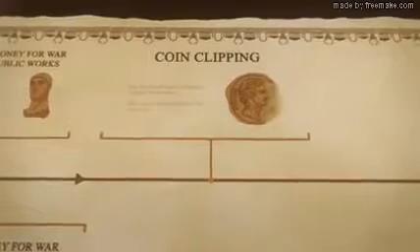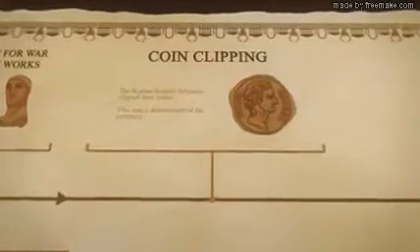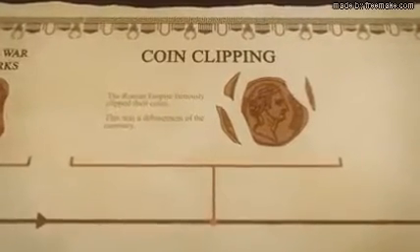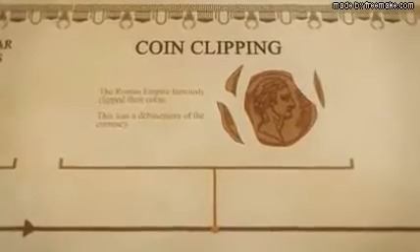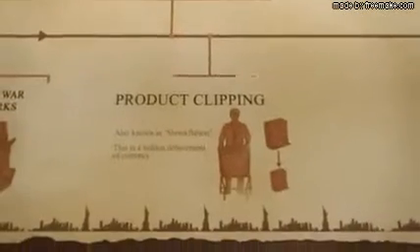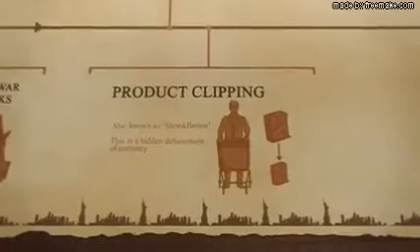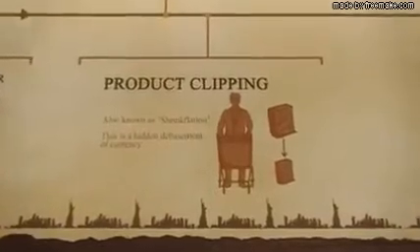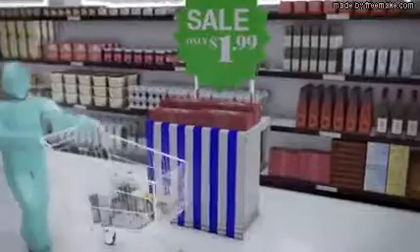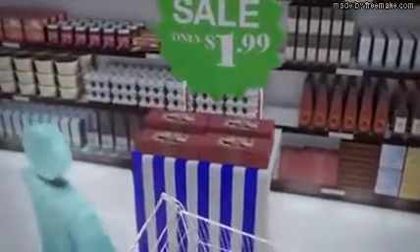The move away from precious metals to something less than precious metals, and the Roman Empire famously clipped their coins. This was a debasement of the currency. There wasn't a paper currency, but it was a debasement of the currency. In the US, there's a very interesting phenomenon going on where they're not clipping coins, but when you go to the supermarket, you find that the portions of the items at the supermarket on sale are shrinking.